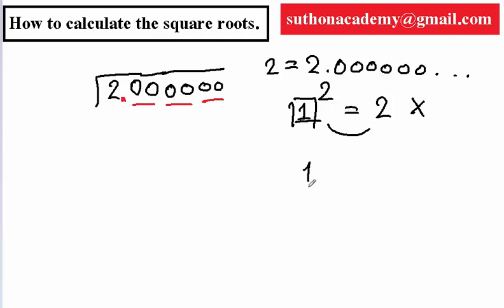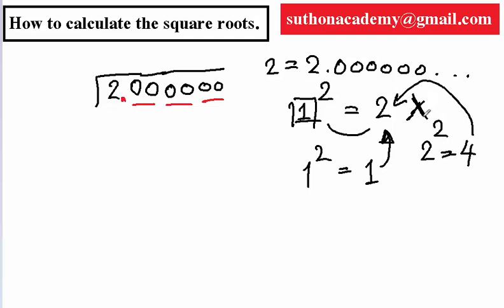So 1 squared equals 1, which is close to 2 but not equal to 2, because 2 is impossible to have as the square of an integer. 2 squared equals 4, which is greater than 2, right? So in this case we just have the number 1 only, so we write down the 1 and 1.